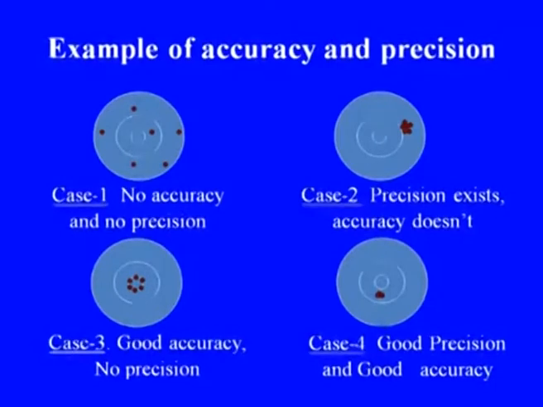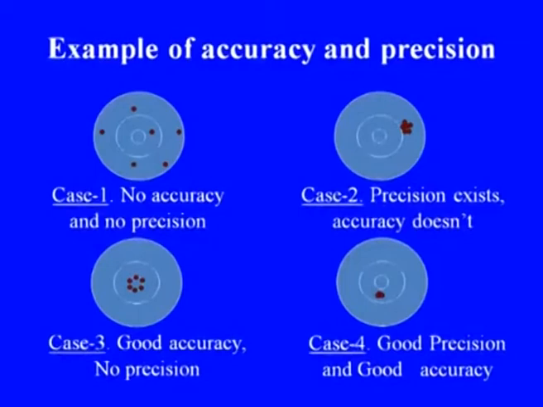In the third case, the bullets are being fired near to the target, but not consistently in a single place. Here we can term this as having good accuracy, but without any precision.